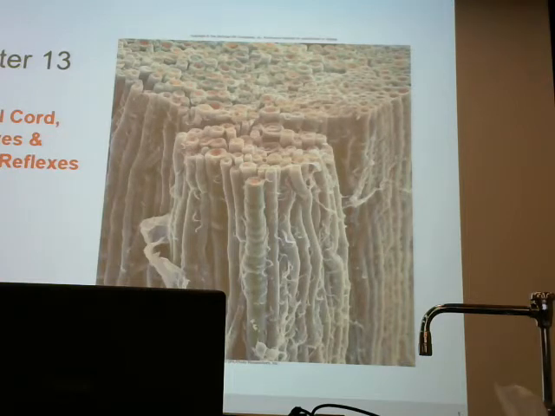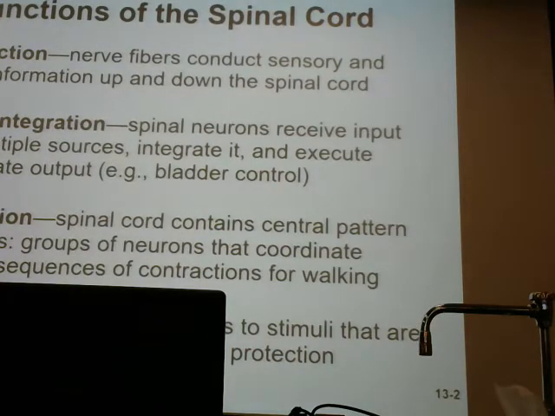Well, yeah, that's our central nervous system. But now we've got to break it down, because we've got that central nervous system, we've got the peripheral nervous system, and then the other part that this chapter is going to get into.